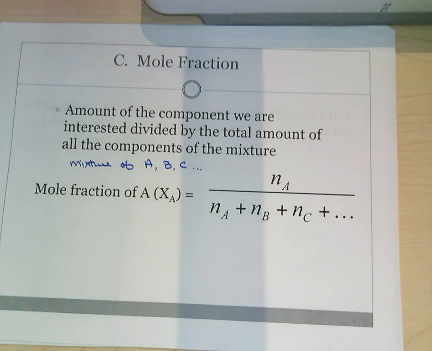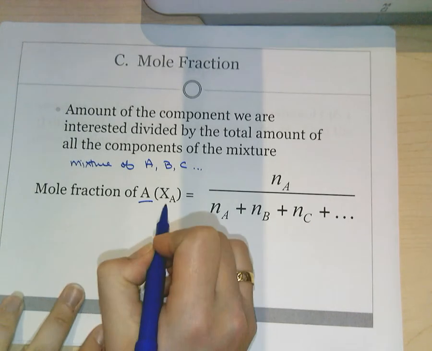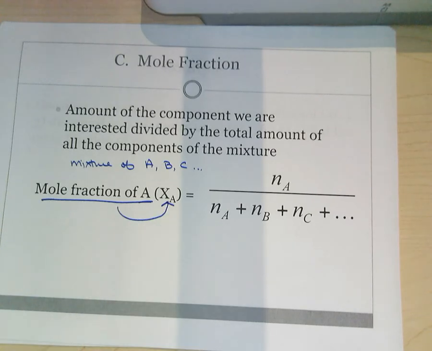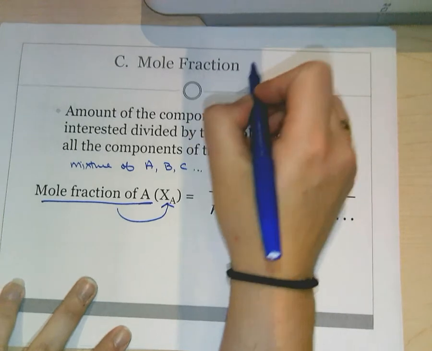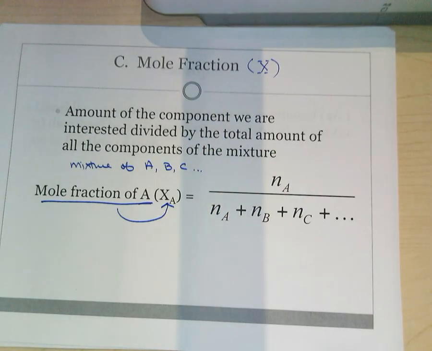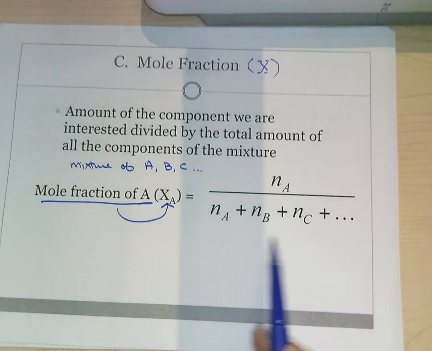So, a mole fraction of just component A, which is symbolized as this. So mole fraction of A has the symbol big X, little a, where big X means mole fraction. I don't know who came up with that. Big X means mole fraction. It's going to be the moles of A divided by all the moles. Right? Because if you think of a fraction, let's say in here I want to figure out fraction of people wearing a coat.